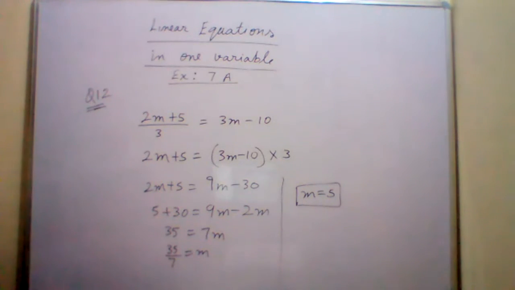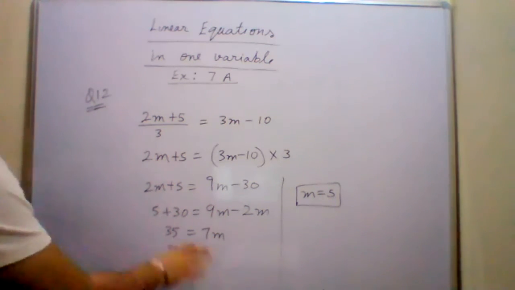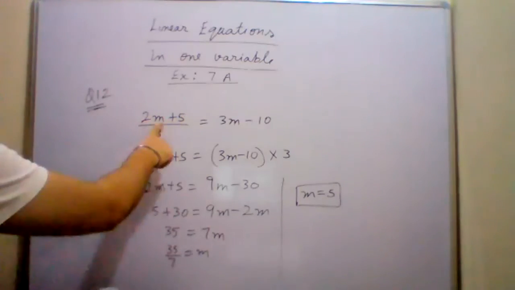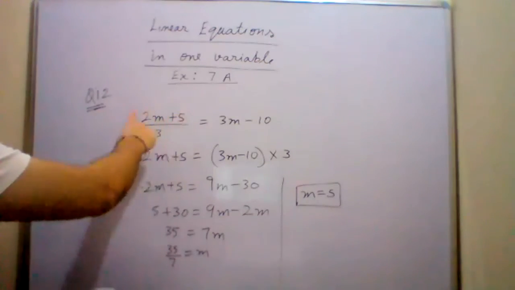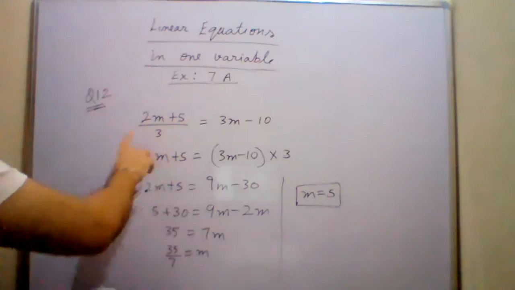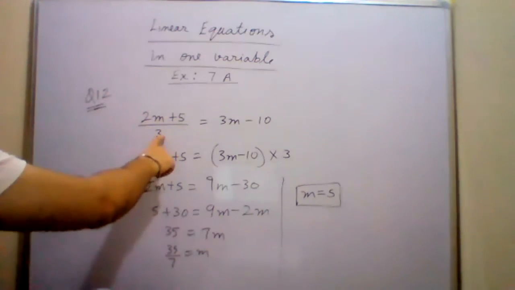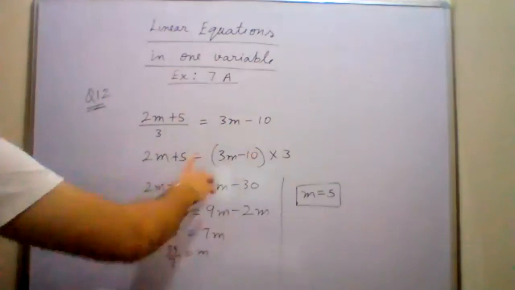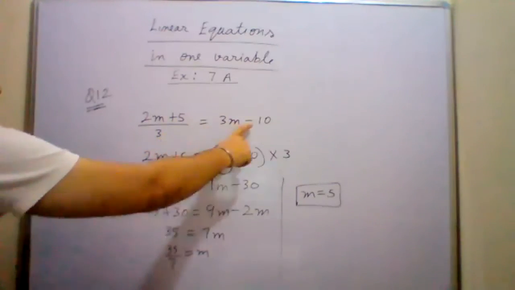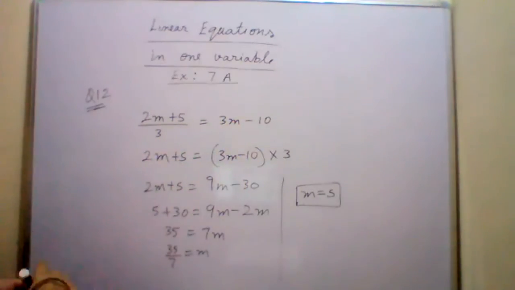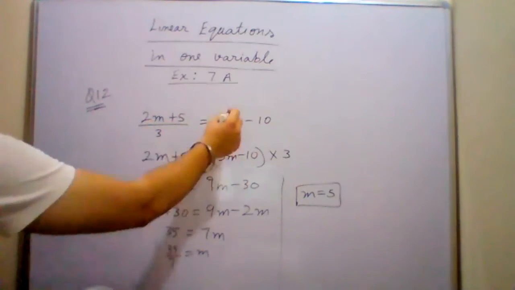Sir, please explain it again. Yes, beta, I am explaining. See, in this 2m plus 5 whole upon 3, this whole thing is divided by 3. So first you will take this 3 from the denominator, from LHS, to RHS in the numerator. You will multiply this 3 with the numerator of RHS. This is known as the cross multiplication method.